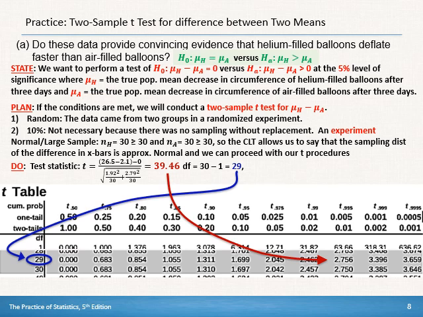That corresponds to a pretty small p-value of 0.0005. So our 39 is so much larger than the last value that we know the p-value has got to be even smaller, significantly smaller than 0.0005. It's way much less than that.